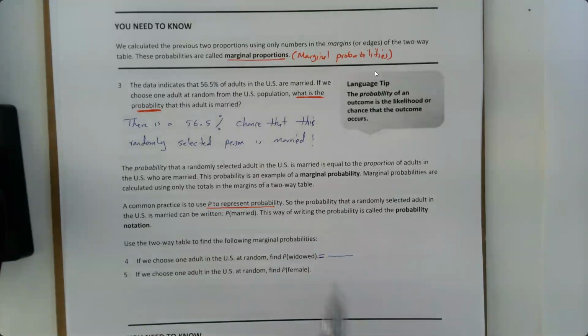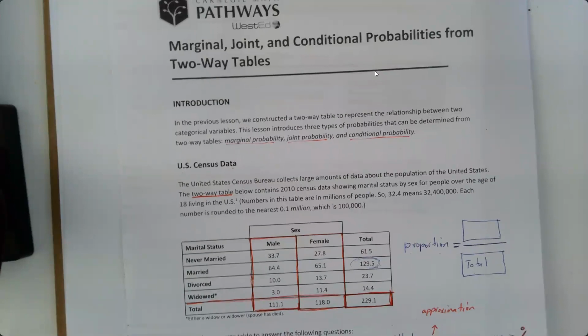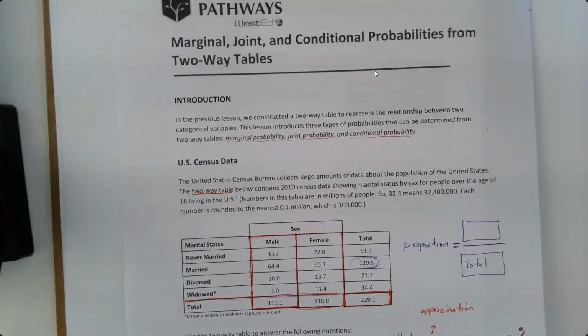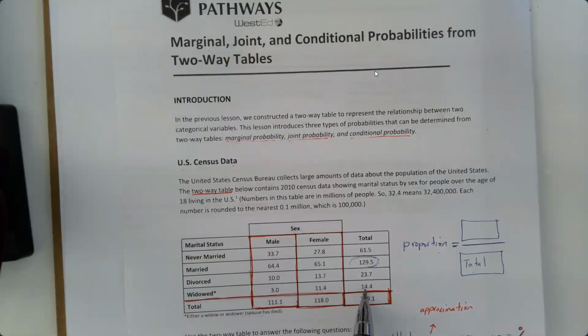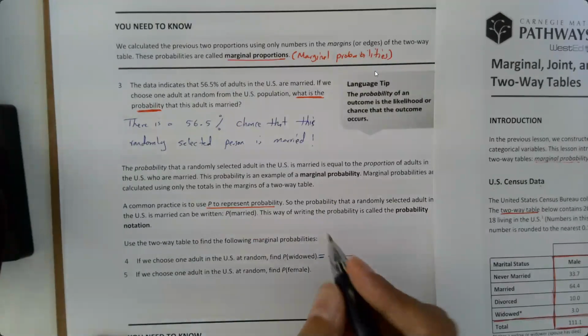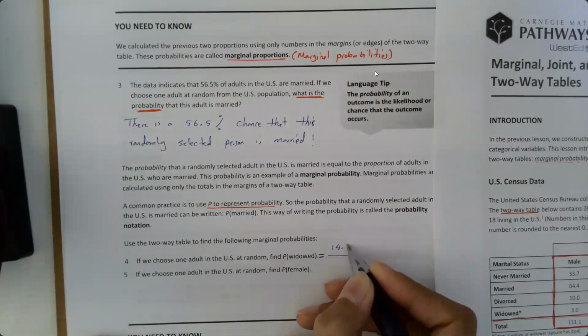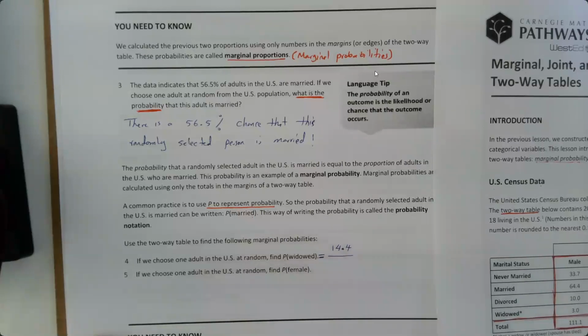So again, note the probability of widowed. Let's take a look at our table. Widowed, okay. Take a look at this row, including information about male widowed and female widowed. What is their sum? The sum is 14.4. This goes on our numerator. What is on the denominator?